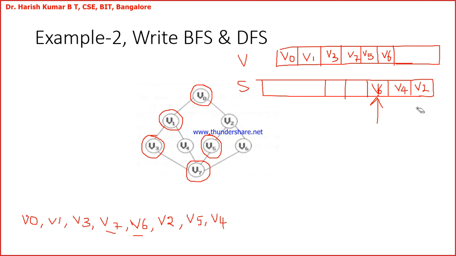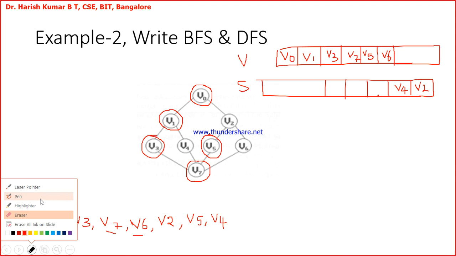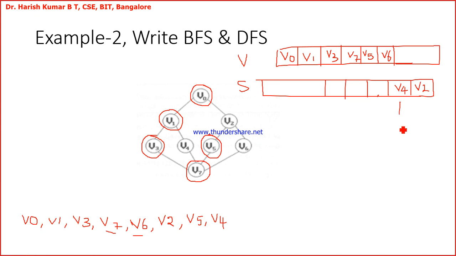Now I'll erase this. Okay, next we have top pointing to, for V6 again I have to find out the adjacent nodes. It is V2, it's already there. So top is pointing to this. Next node to visit is V4.